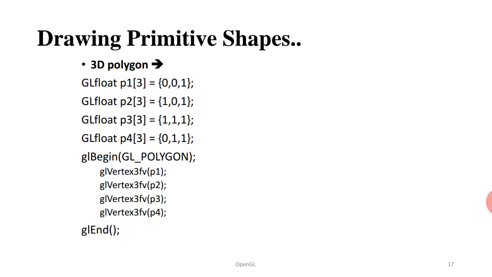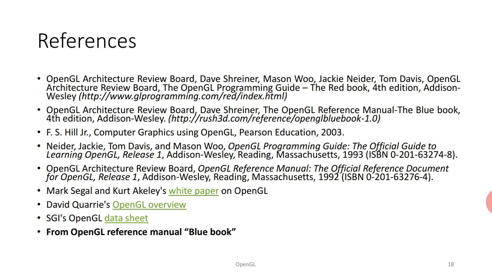Because this is drawing a 3D polygon, it takes 3 parameters in each vector, and then at the end you will call the glEnd function. Like this you can use OpenGL to draw different primitive shapes.